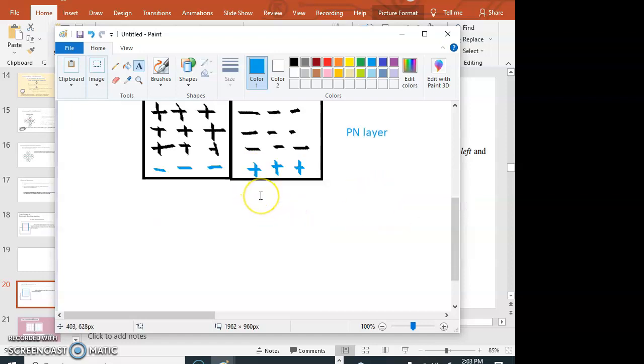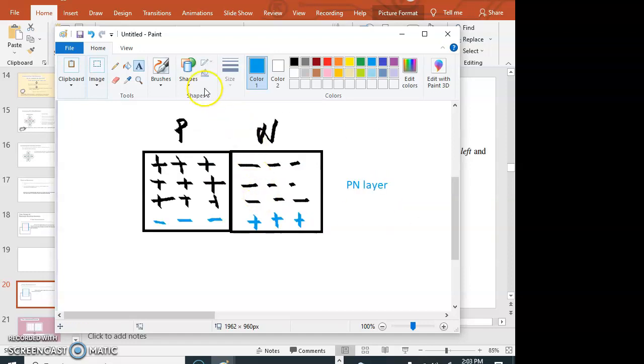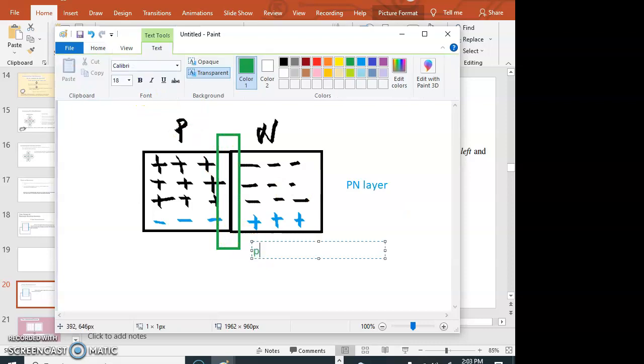So let's have some parts of this p and n. The center part, this is what is known as the junction. So this is what is known as the PN junction.